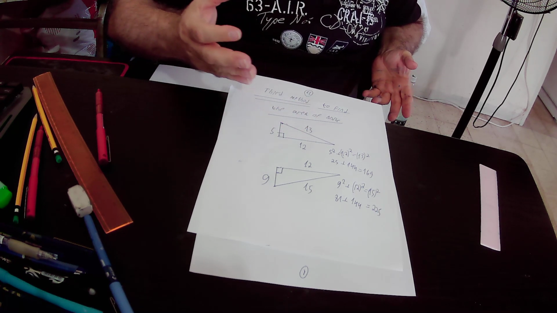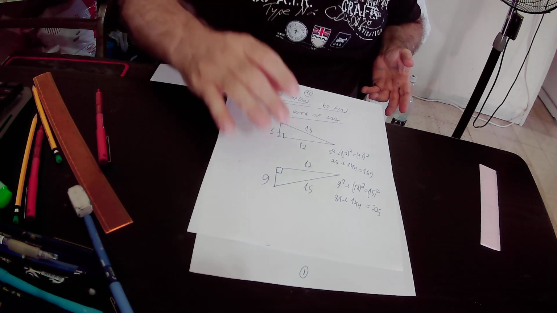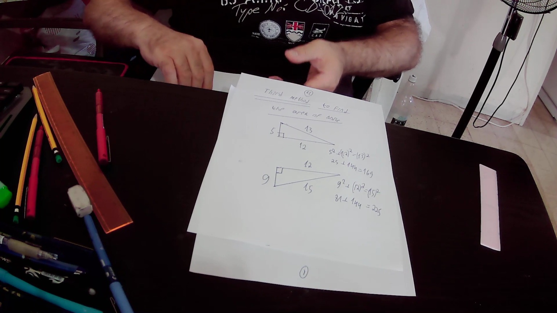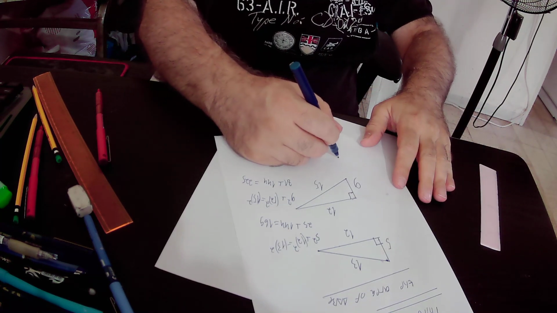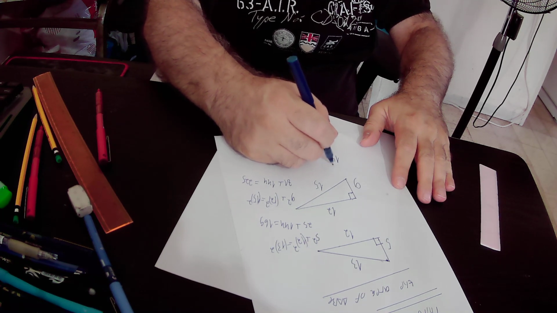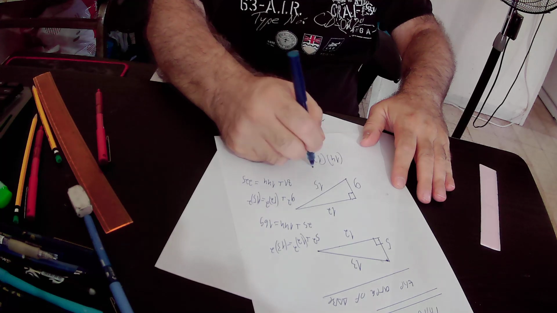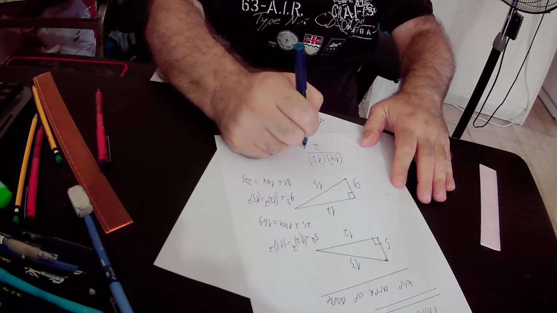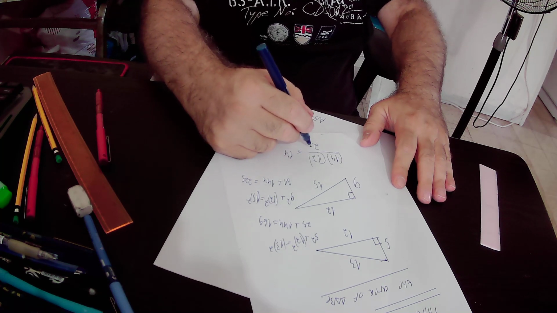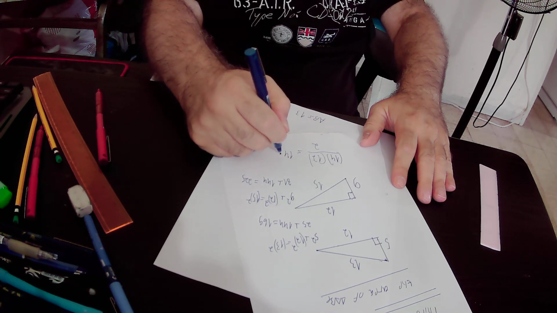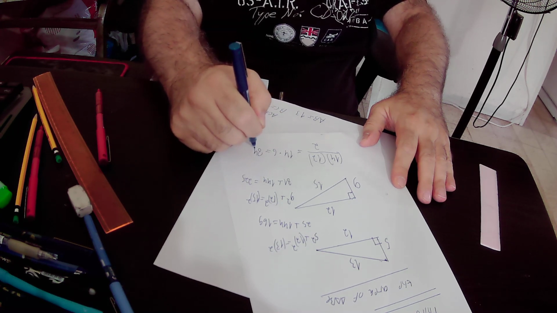So the area of triangle ABC will be equal to the base of the triangle, that is 14 units, times the height, that is 12 units, over 2. 12 over 2 is 6, and 14 times 6 is 84.